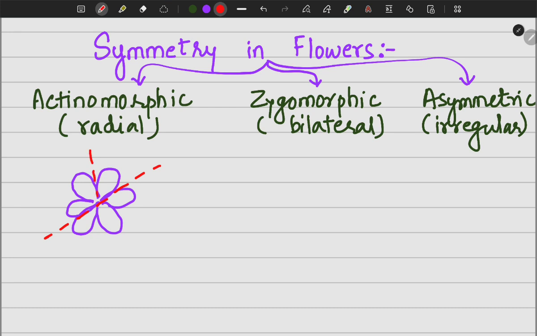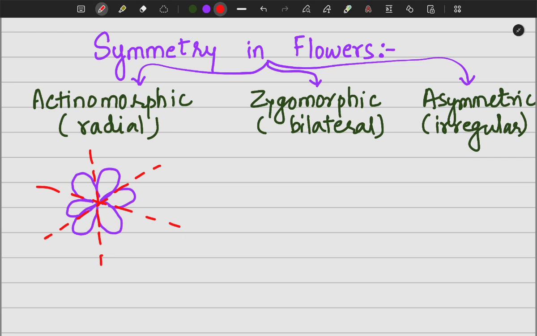This is another plane, and this is another plane. So there are more than one planes through which we can cut the flower into two equal halves. So such kind of flowers are called actinomorphic flowers, or flowers having radial symmetry.